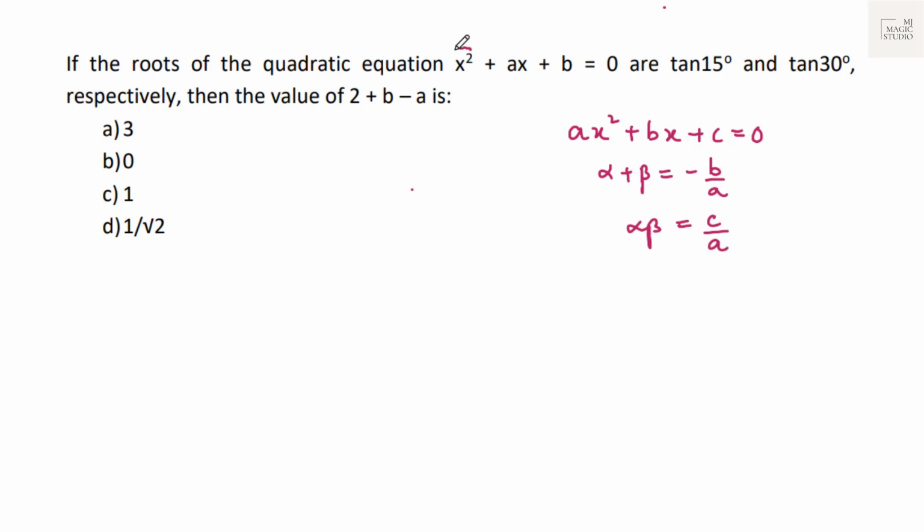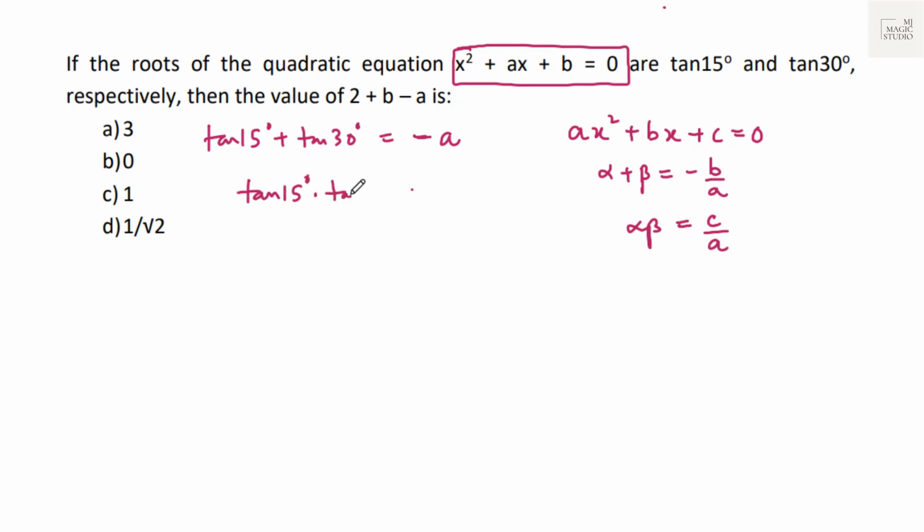In this particular quadratic equation, the sum of roots is tan 15 degree plus tan 30 degree, which equals minus b by a, that is minus a. And the product of roots, tan 15 degree into tan 30 degree, equals c by a, that will be equal to b.